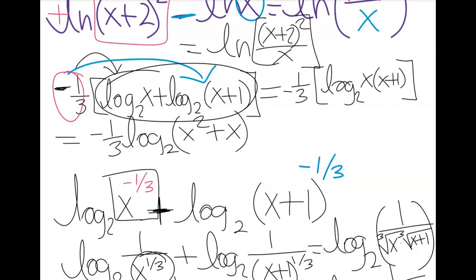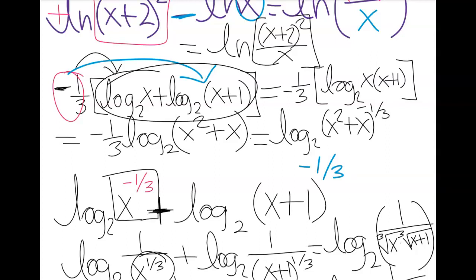Here I would definitely use parentheses. And then from there we could say this would be log base 2 of x squared plus x to the power 1/3, negative 1/3 I should say.